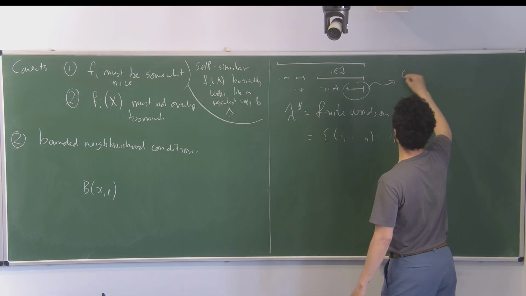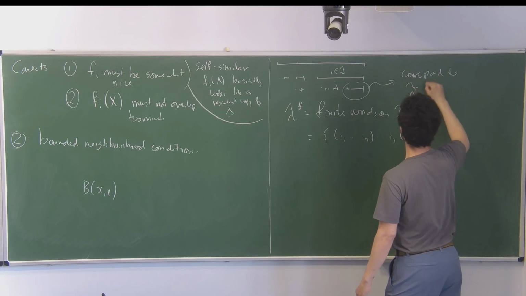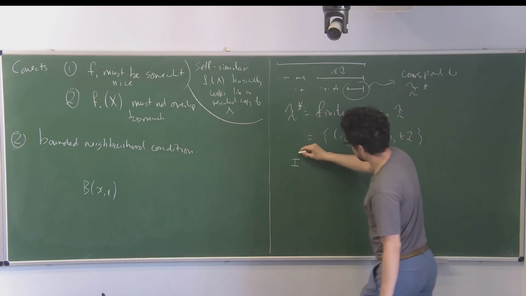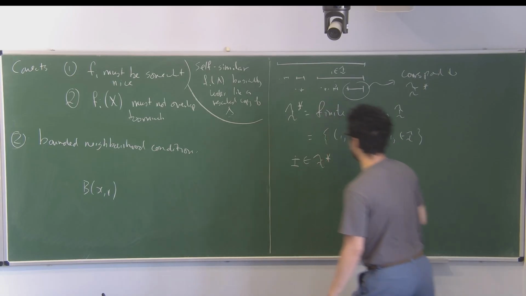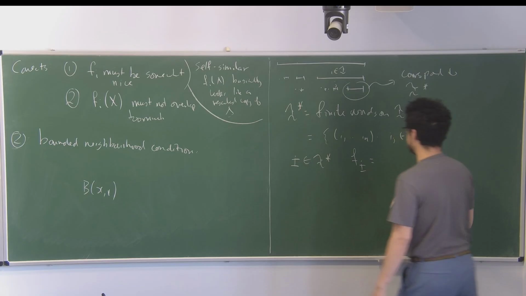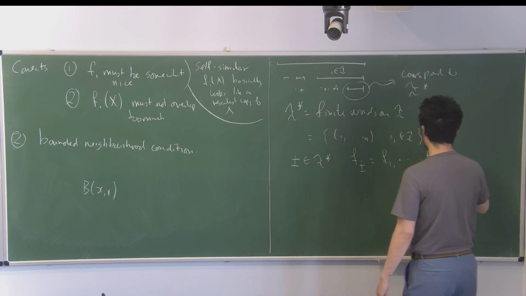So if I fix a word in I star, in the notes I've written this in typewriter font, I will write f sub i, which denotes the composition f sub i1 through f sub iN.